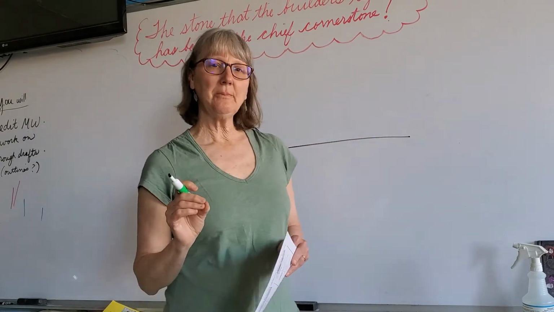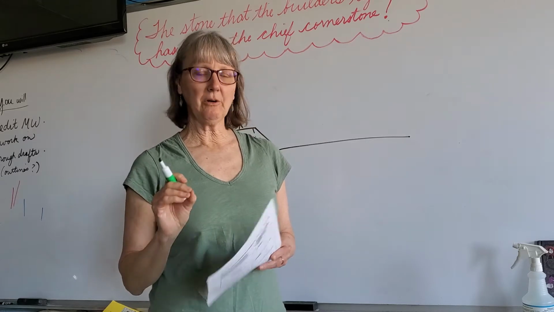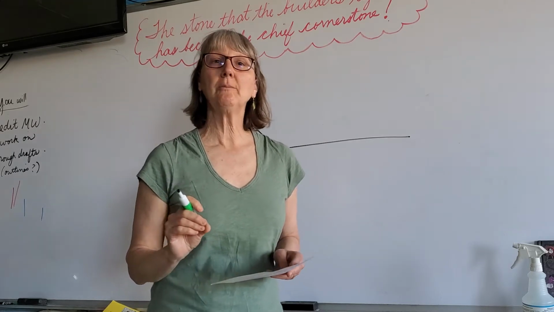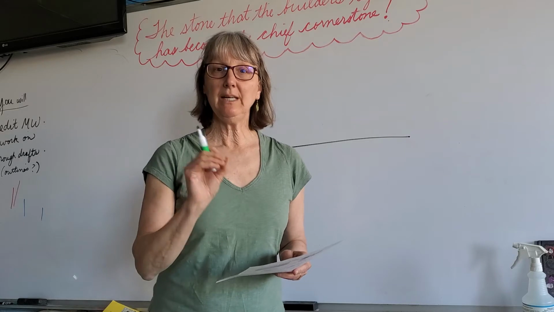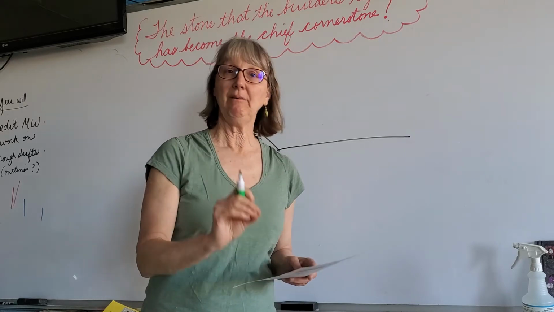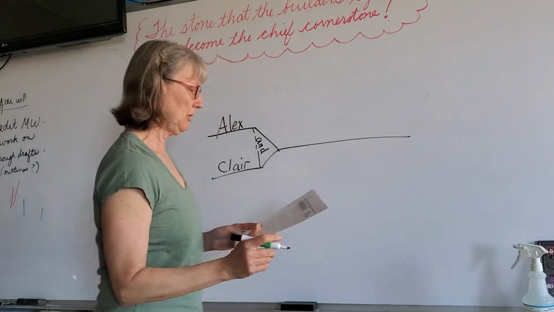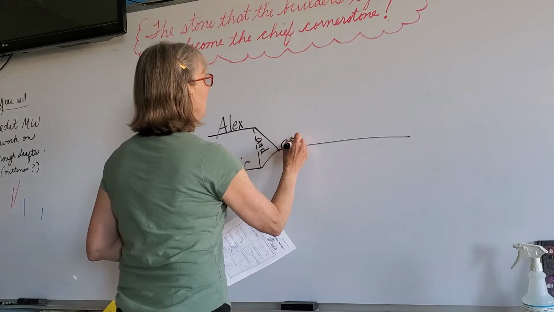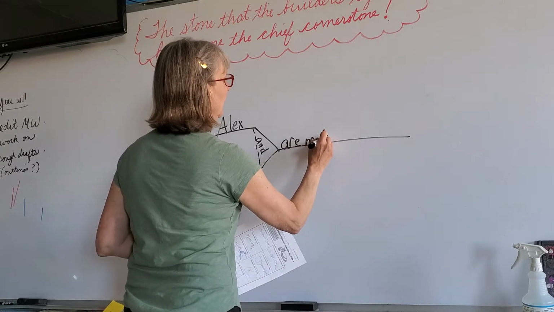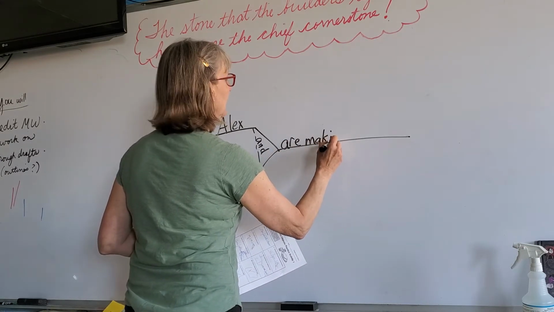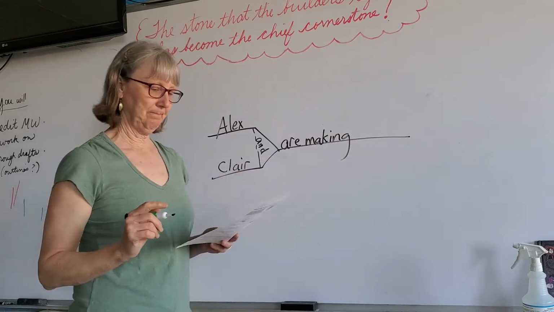Now, this verb has a helping verb. So the whole verb is not just making. The whole verb is are making. You need to have the are there. Helping verb plus the verb is the verb. So we're going to put both of them here. That is the verb. Okay?